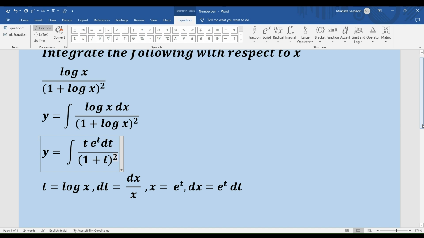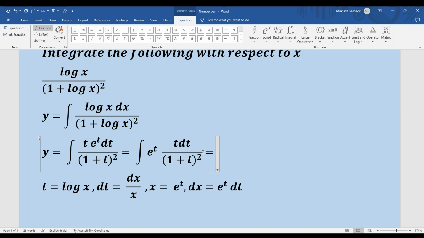I still don't think it's in a very simple format, but what have we done? What we have done is using the substitution t equals log x, I have brought an e to the power t expression in my numerator, right? So this is what I have, integral of e to the power t times t dt divided by 1 plus t the whole square, right?